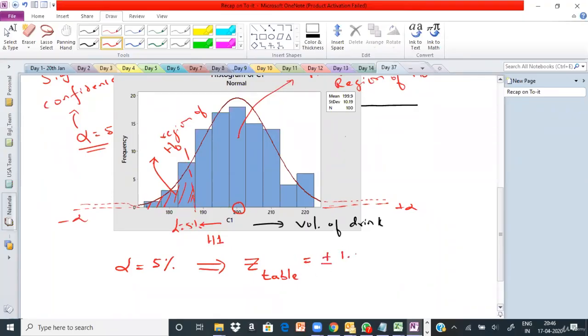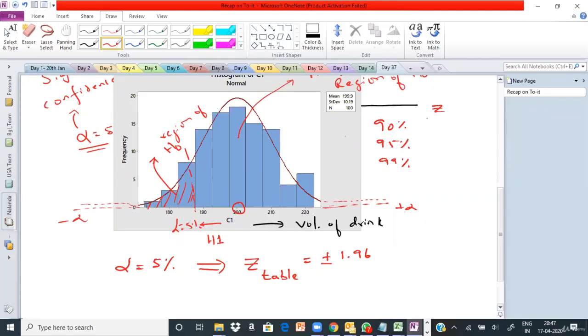Like it or not, this is 1.96. I know the number. For 95% confidence level, Z is plus or minus. We remember this, right? 95%, 99% of the confidence level.